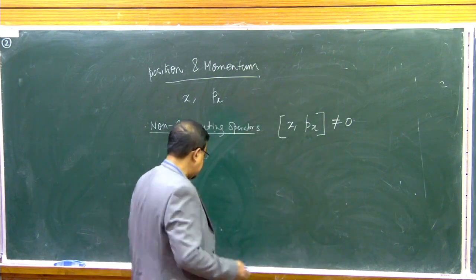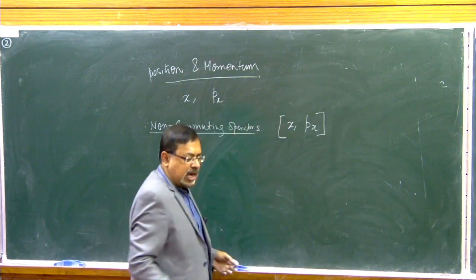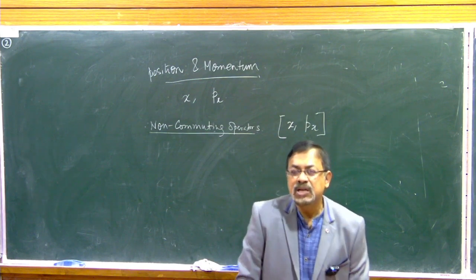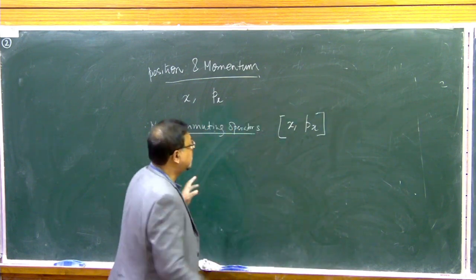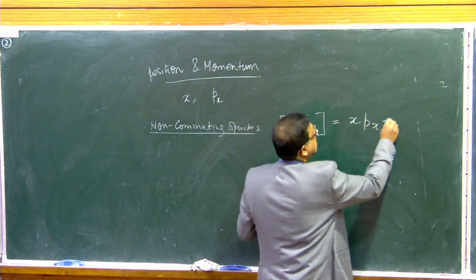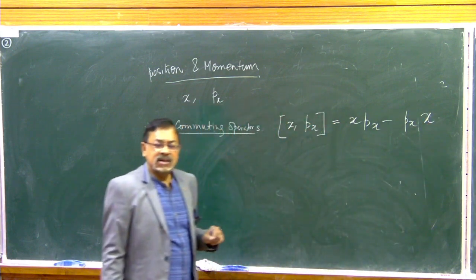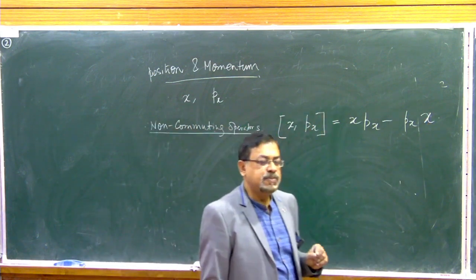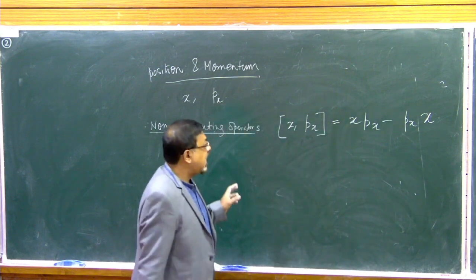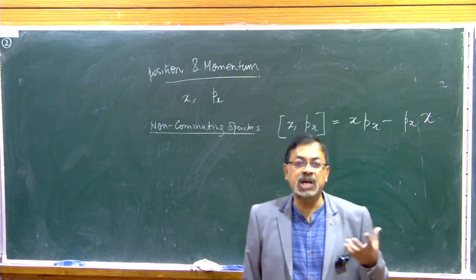So this is called a commutator bracket. If you have been taught earlier the Poisson bracket in classical mechanics, this is analogous to that. The definition is x px minus px x, and by the very uncertainty principle, it should not be commuting, which means that these two quantities cannot be measured simultaneously.